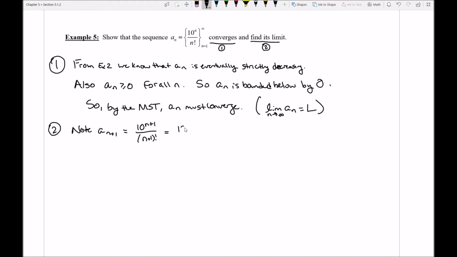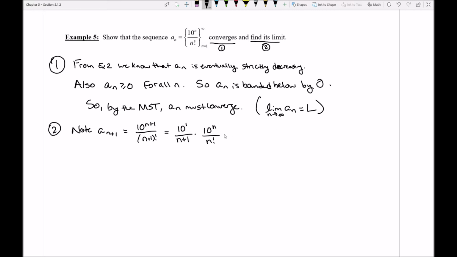Now, of course, there's no surprise that that's the same thing as writing 10 over n plus 1, that's 10 to the first, multiplied by 10 to the n over n factorial. You can think about the definition of factorials to see that the bottom is the same as n plus 1 factorial, and definitely in the numerator, if I multiply those back together, I have 10 to the n plus 1.